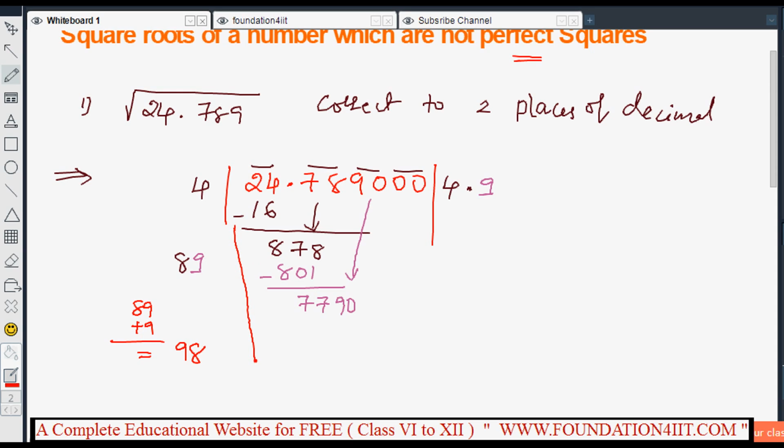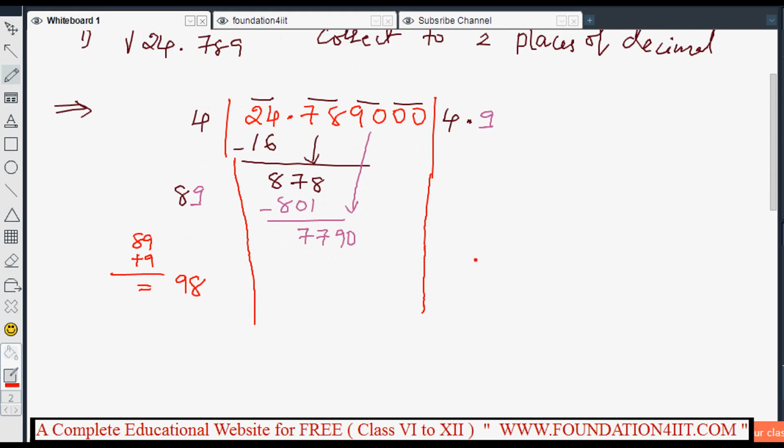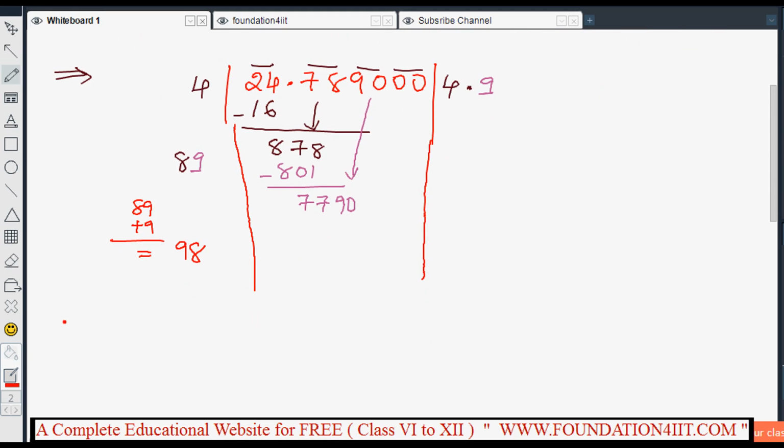Okay. Now after 98 you should check the units place in both places. That's 98, again 981 ones are, or 982 twos are, like that we need to check up to 987 sevens are 6909.